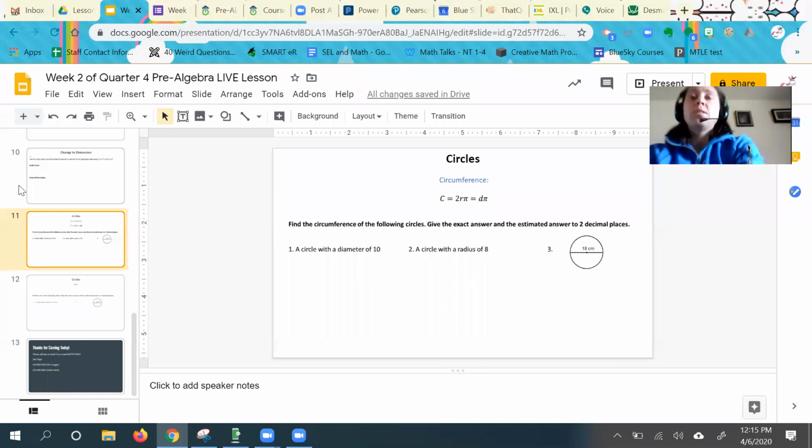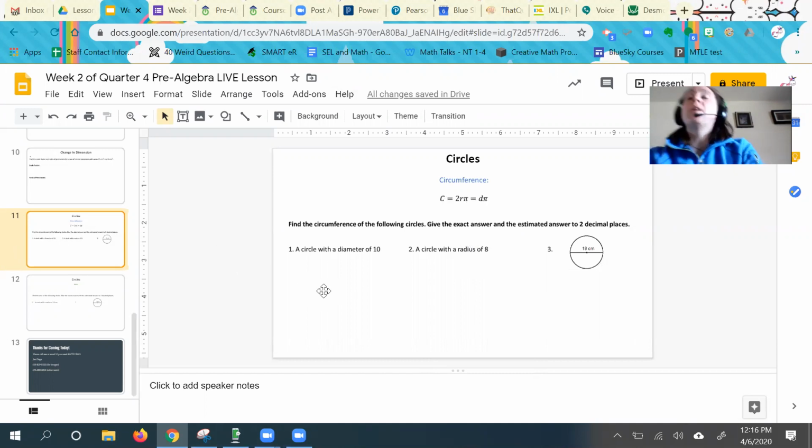Okay. So circumference is just another formula. It tells us if we want to find the distance around the circle, we take 2 times the radius times pi, that crazy irrational number, or the diameter times pi.